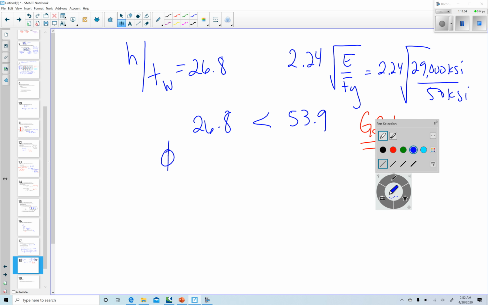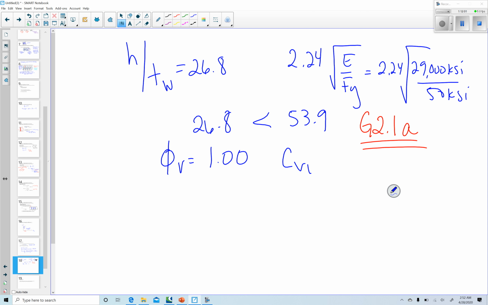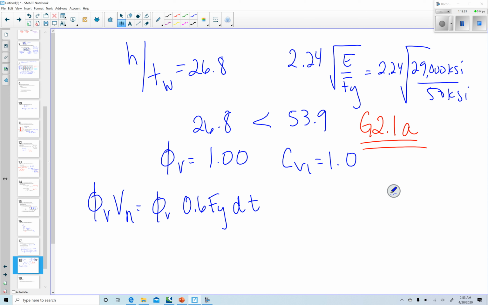My phi v equals 1.00. My Cv1 equals 1.0. So my phi v Vn is phi v times 0.6 Fy times my depth times the width of my web times my Cv1.